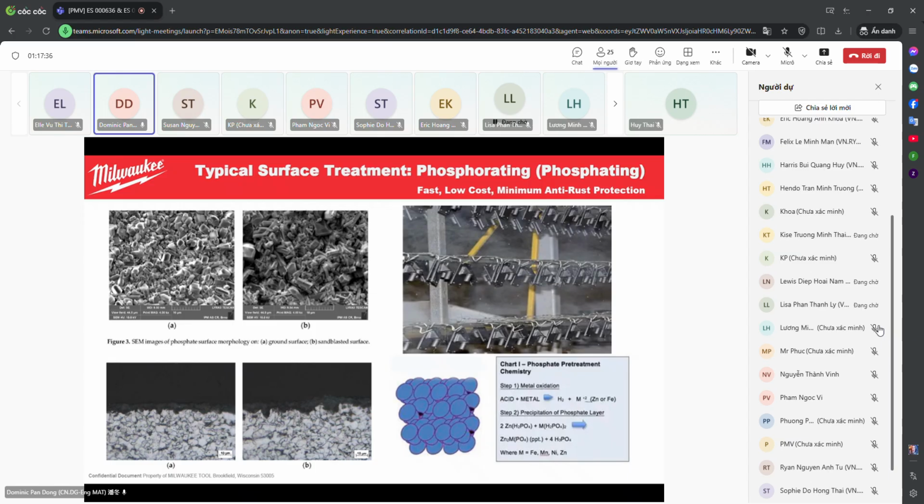In fact, we see in those images, which are SEM images with a magnification around 4,000 times, a phosphating layer like some small crystals or small rocks or sand on the surface. That means the phosphating layer is both coarse and not that solid.